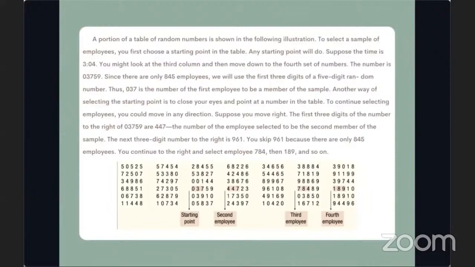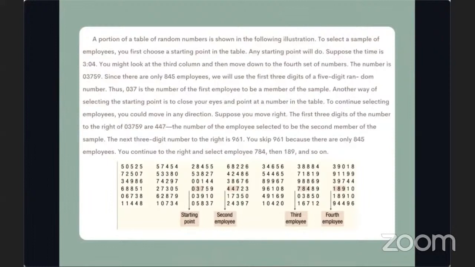Another way of selecting the starting point is to close your eyes and point at a number in the table. To continue selecting employees, you could move in any direction. Suppose you move right. The first three digits of the number to the right of 03759 are 447.